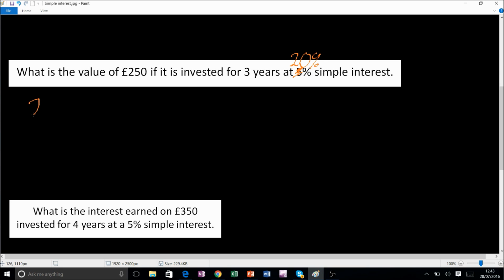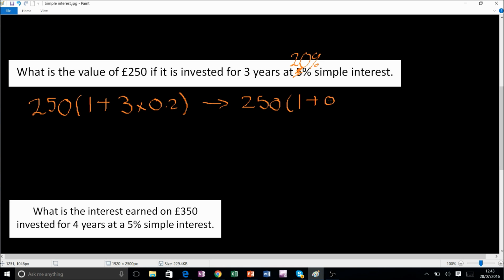So let's look. We've got 250 brackets 1 plus N. Our N here is 3 times 20%, as a value is 0.2. Okay, write it down again. So that's 250 brackets 1 plus 3 times 0.2, which is 0.6, and that also goes down to 250 brackets 1.6.